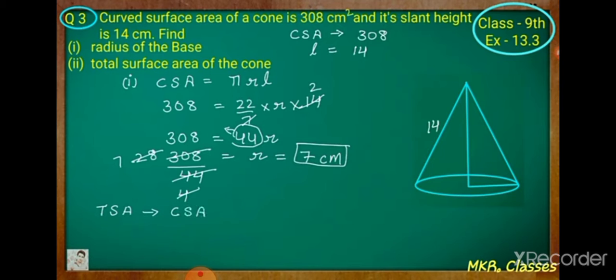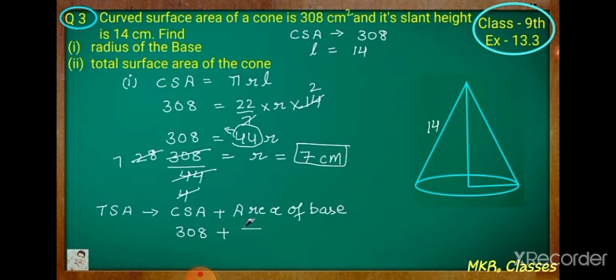After getting r, they are asking about the total surface area. For total surface area, the formula is CSA plus pi r square, the area of the base circle. The formula of CSA is pi r L, which is already given, so we don't need to calculate it again and again. 308 is already given, so we write 308.